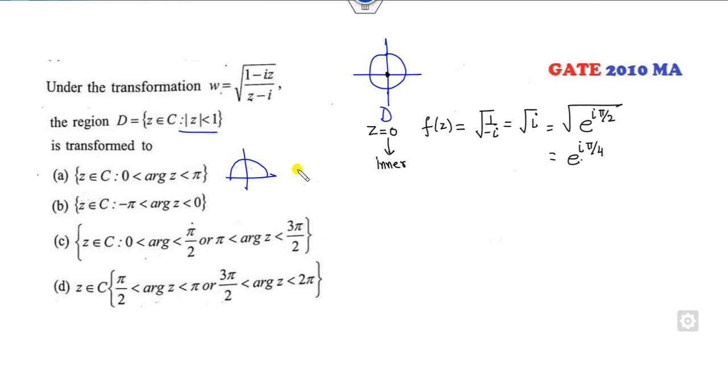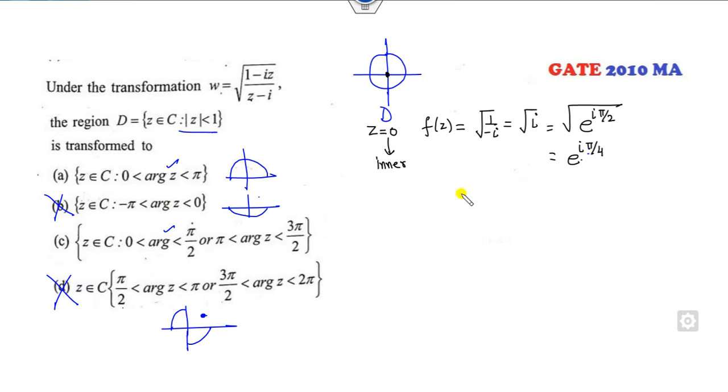But you can see, okay, fine, look at this one, it is minus pi to 0, but plus pi by 4 lies here, so this option is cancelled out. 0 to pi by 2, it lies, so it may be this or this. Pi by 2 to pi, this one. 3 pi by 2 to 2 pi, but pi by 4 lies in the first quadrant, so this option is also cancelled out.